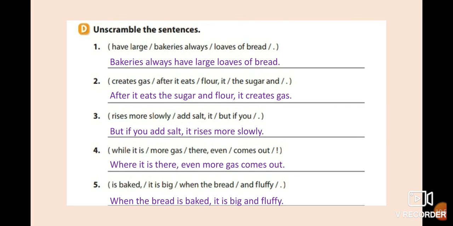If we remember information about the reading, if you add sugar to the dough, the bread rises faster. But if you add salt to the dough, the bread rises slowly.